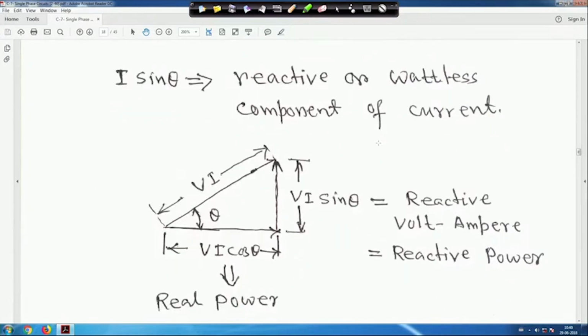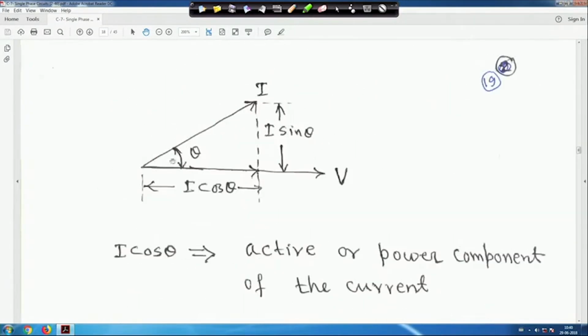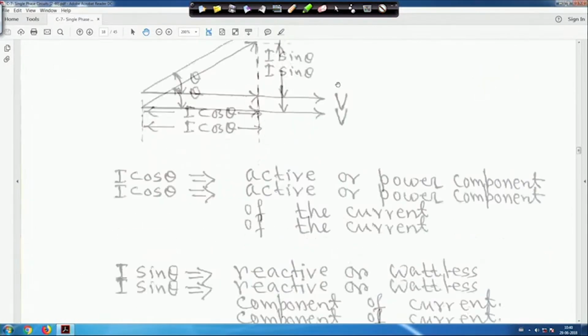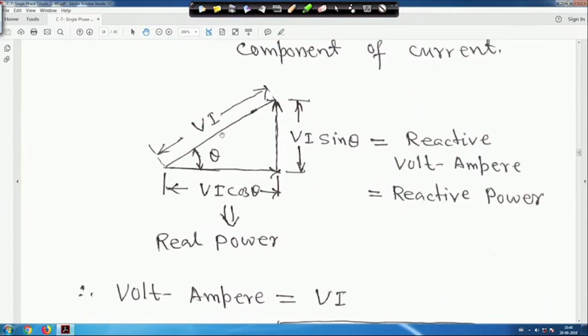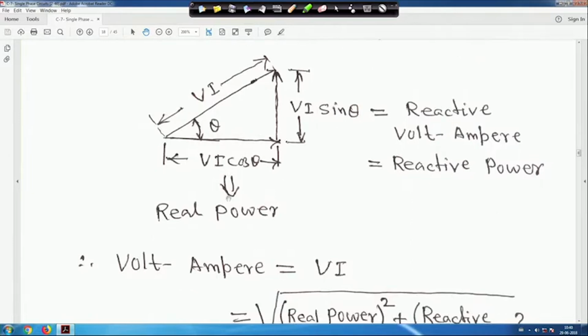Therefore this triangle has sides I cos theta and I sin theta. If you multiply all these arms by V, this will be VI, this will be VI cos theta, and this will be VI sin theta. This one is the reactive volt ampere, the reactive power, and this one we call real power.